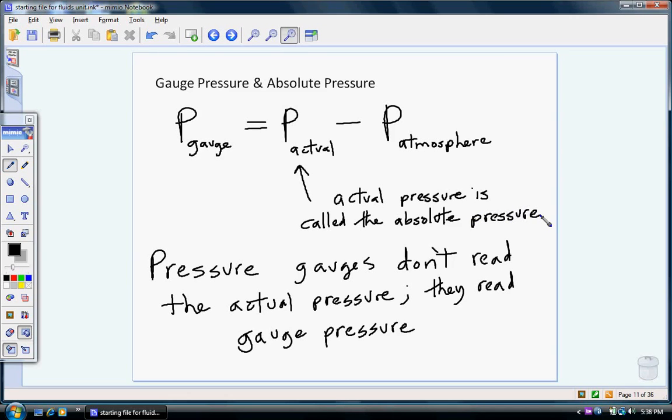And it's given the symbol P, ABS, P absolute.